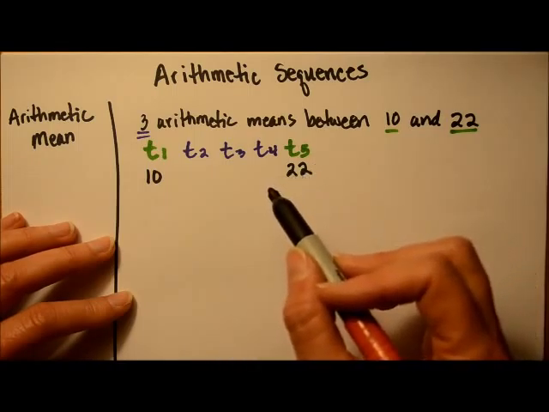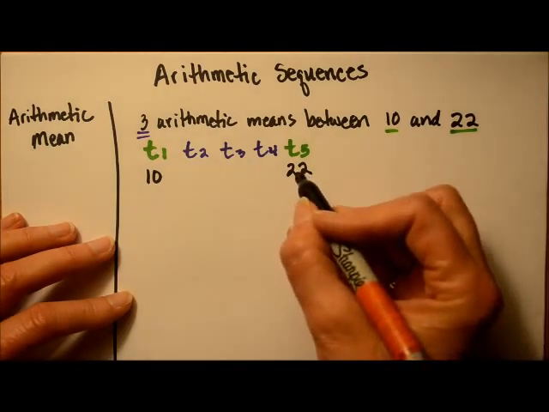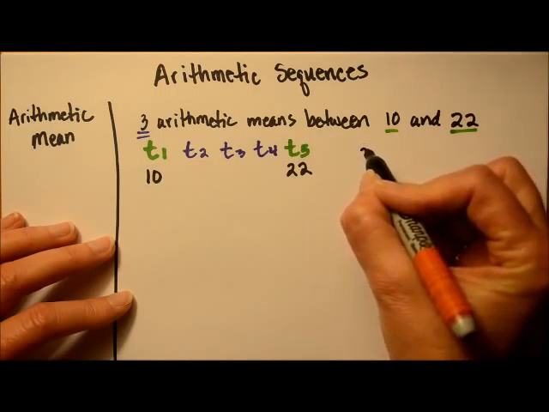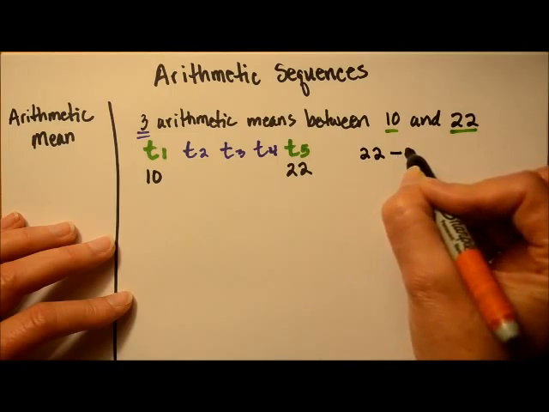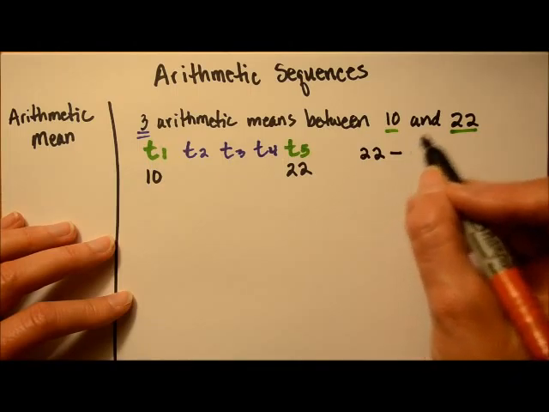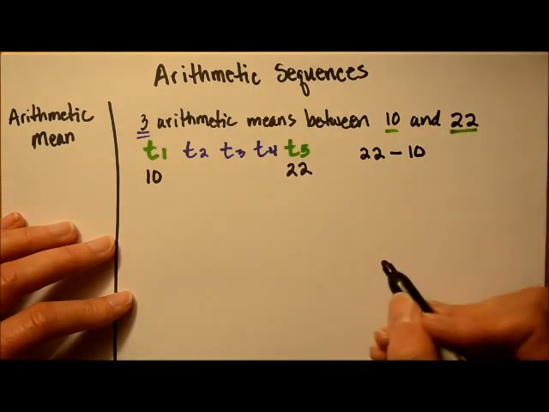So in this case, what you're going to do is take the 22 and subtract 10.